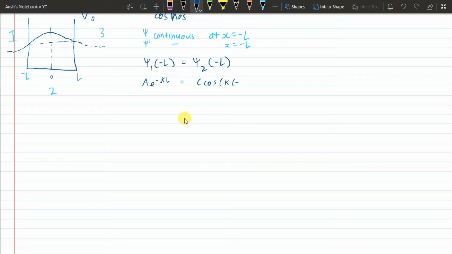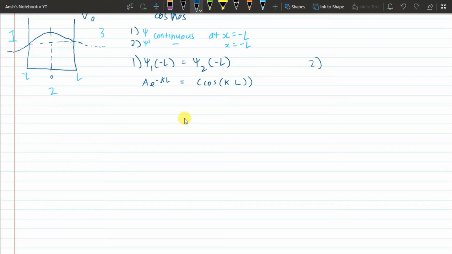So we'll have k times minus L, but since cos is an even function, you can just take out the minus sign and we'll have a cos kL. So this is the first condition, and we applied the first condition here.